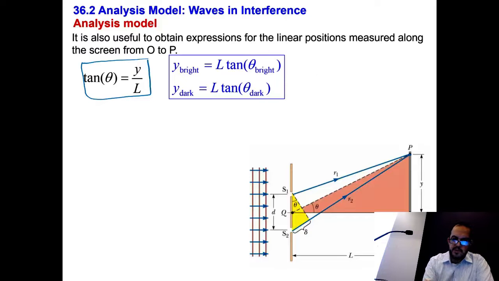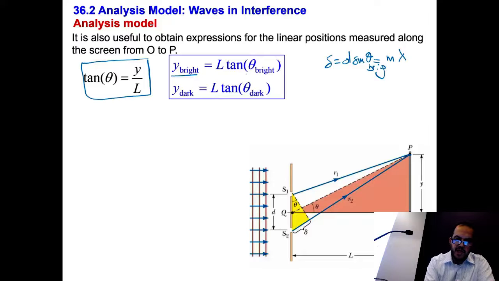So if theta corresponds to a bright spot, meaning delta, which is d sine theta, is equal to m lambda, then y, the position of the bright spot, is going to be L tangent theta.